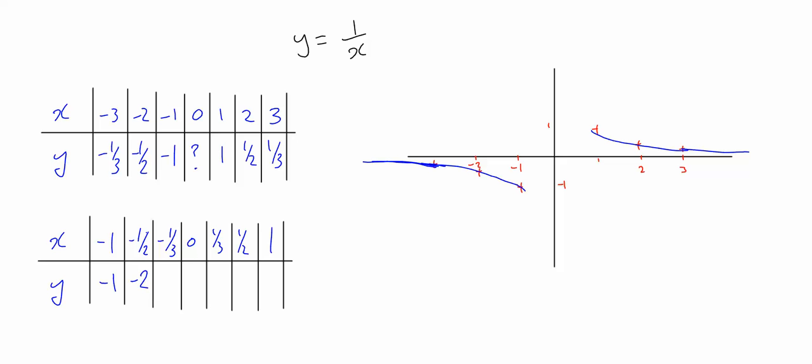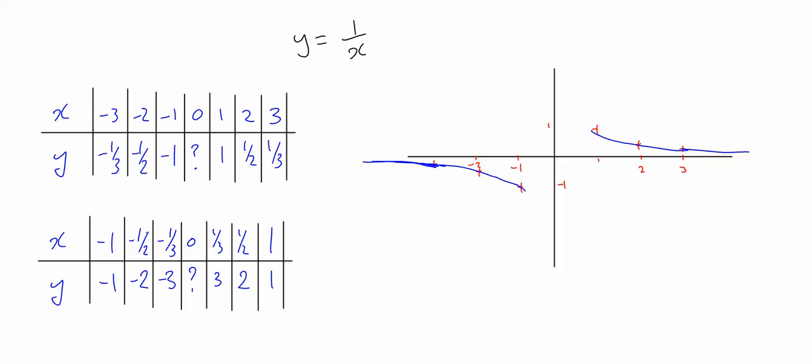If x is minus a third, that's minus 1 over a third, which is 3, so minus 3. We can't have 0, can't divide by 0. And then on the positive side, it's the same in positive. If x is a third, 1 over a third is 3. 1 over a half is 2. And 1 over 1 is 1.